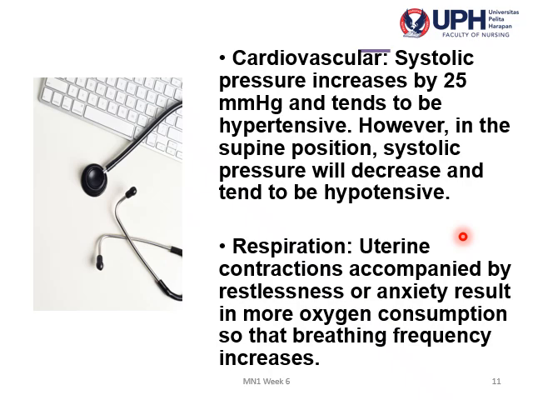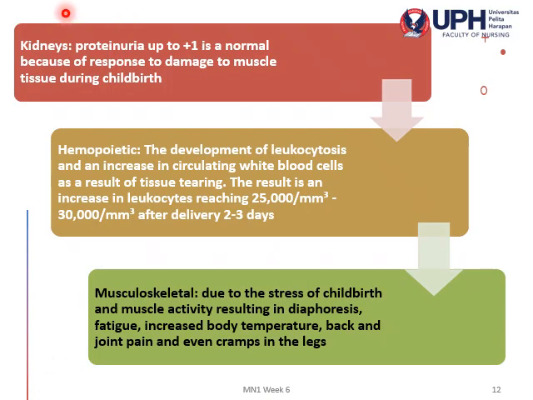And this will result in more oxygen consumption so that the breathing frequency of the mother will increase. In the kidneys or in the elimination process, there will be a proteinuria up to +1, and this is a normal finding because this is the response to the damage to the muscle tissue during childbirth.